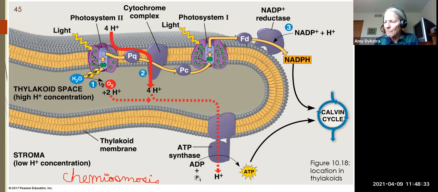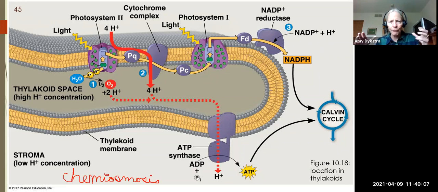And I want to just remind you of the big picture, that the light reactions are going to take the light energy that's coming in, use that energy to make ATPs, also use that energy to cause electrons to come from water and be stored in NADPH. So the 2 main products of the light reactions are the ATP and the NADPH.